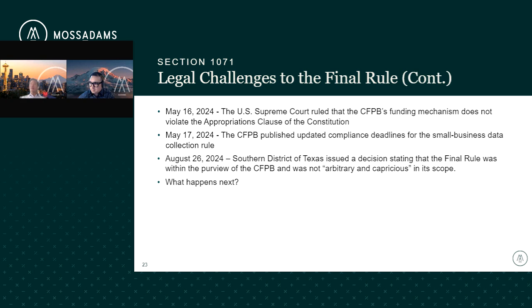We don't know if anything else is going to come out. But as of right now, the rules that we've discussed and everything that we've discussed here are in effect and are things that you need to prepare for and get ready for. We're going to cover over the next couple of slides some of the thresholds that will be implemented or enacted related to who is required to report and whatnot. Let's go through those here.